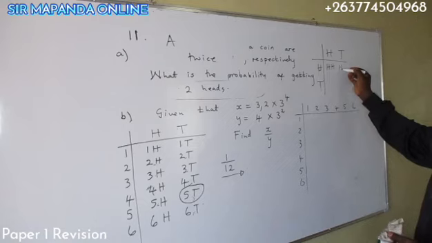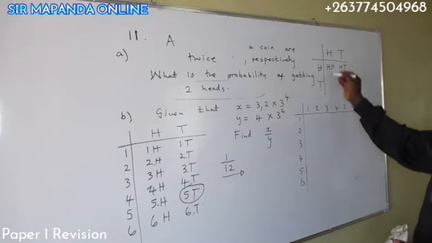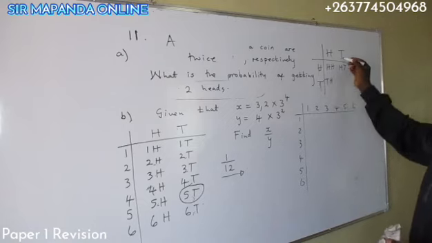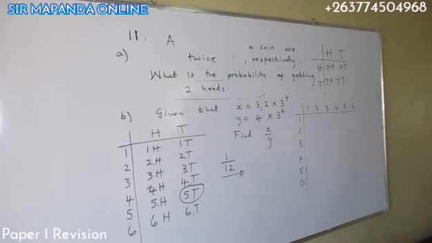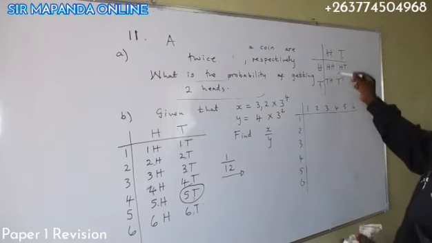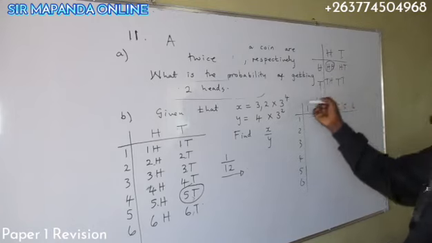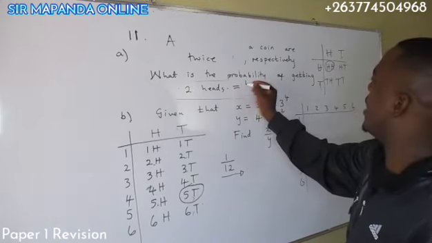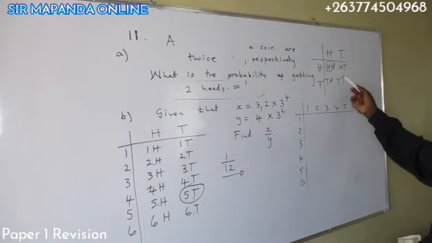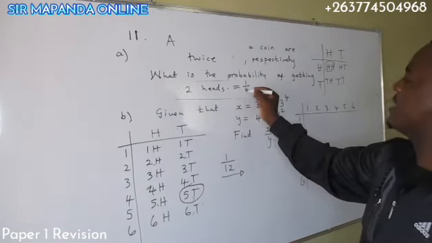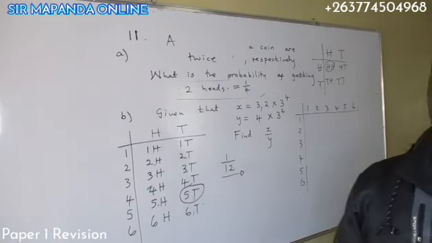H and T, you get HT. T and H, you get TH. T and T, you get TT. So how many 2 heads do we have in the table? We have got 1 section with the 2 heads. So our required is 1 out of how many outcomes? 1, 2, 3, 4. So you get 1 over 4 as your answer.